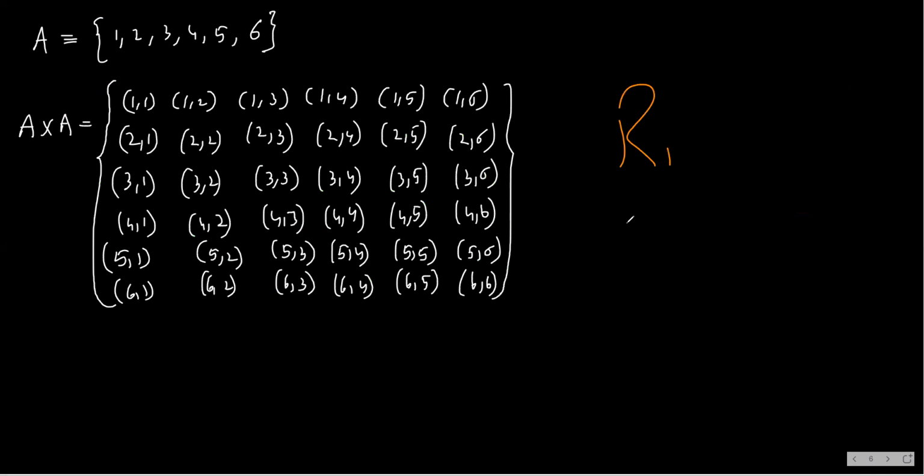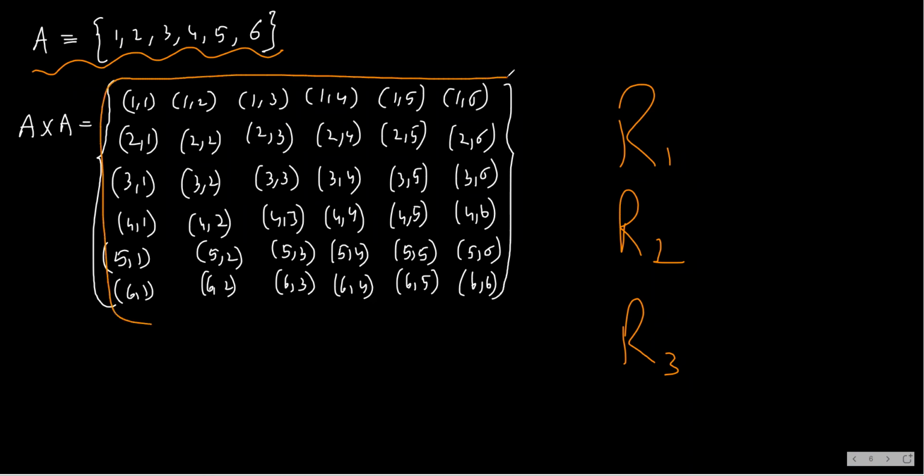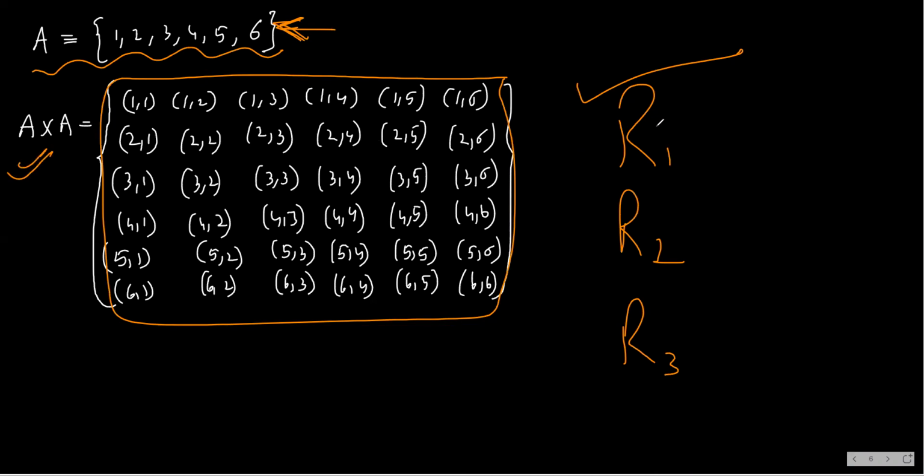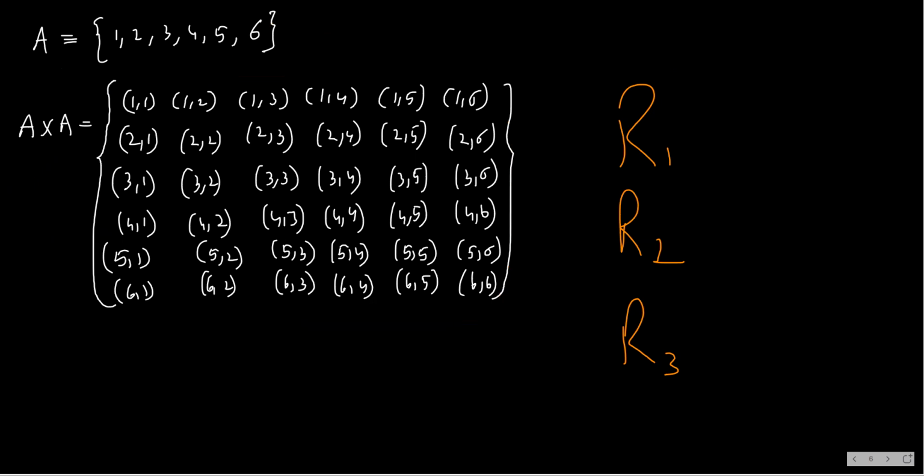Now whatever relation I define, which is a subset of A cross A, all those relations are on set A. R1 is defined on set A. R2 is defined on set A. Those all are subsets of A cross A, and those all are binary relations on A. I hope you are following what I just now said.